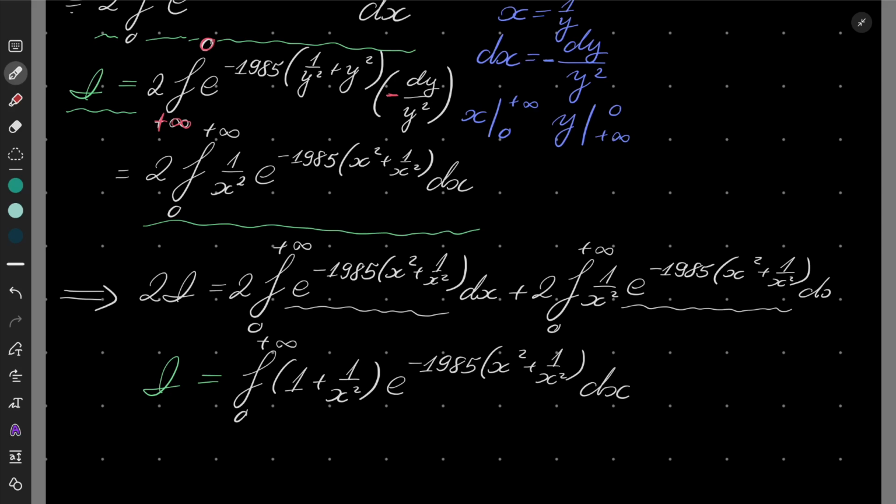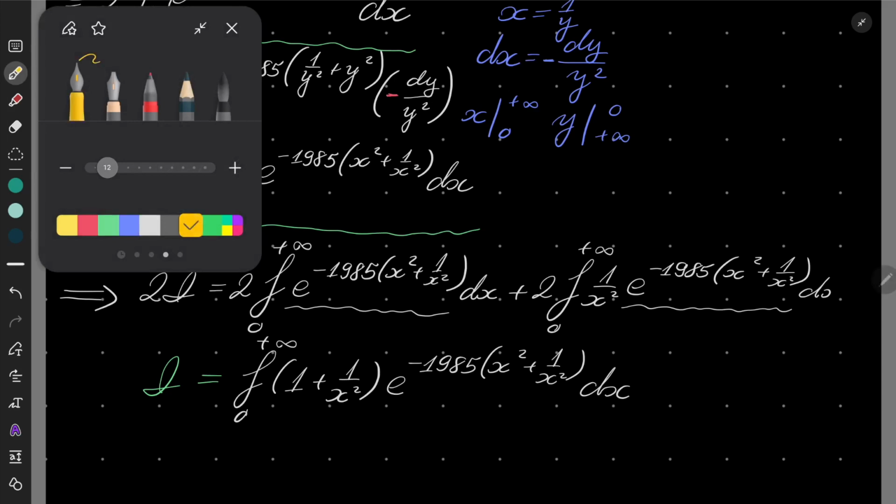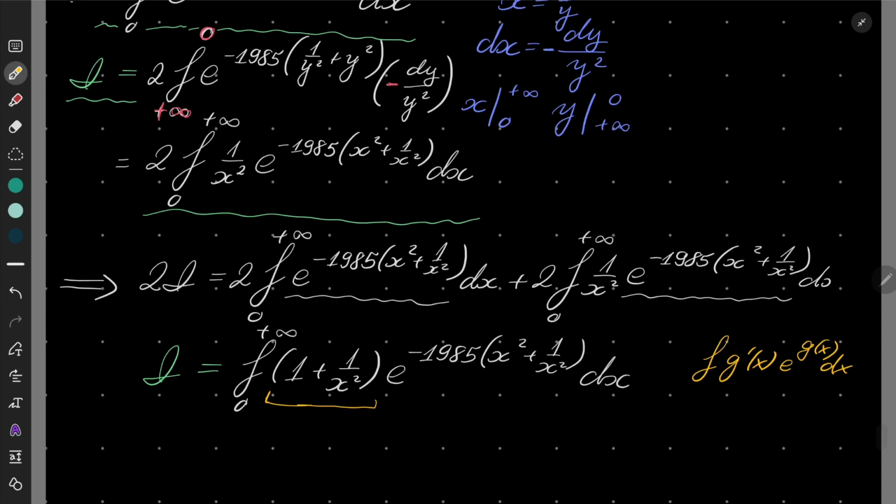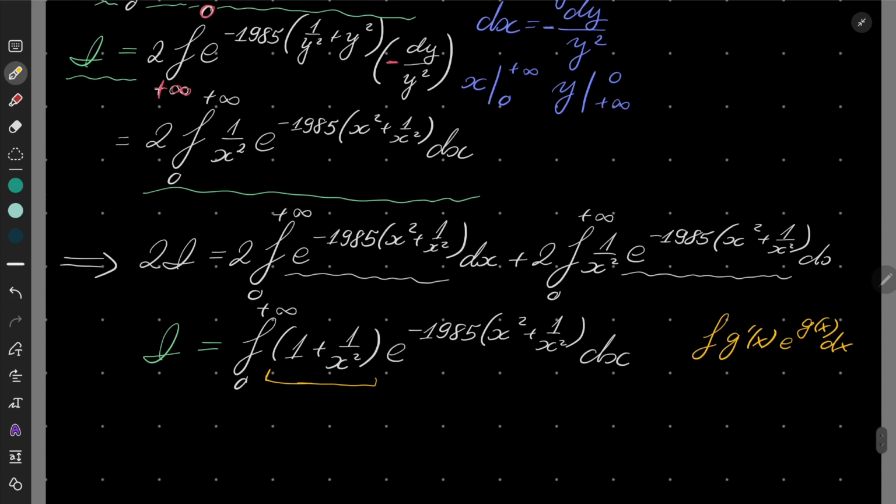Now, the crucial part. I suggested that we should get some integral of the form g prime of x e to the power g of x or something like that. Now, let's look at this part. This part is a derivative, the derivative of some function, namely, the function x minus 1 over x.